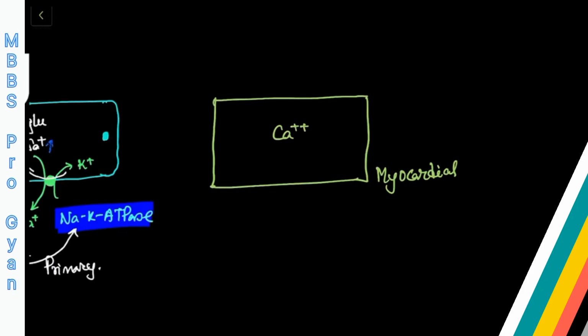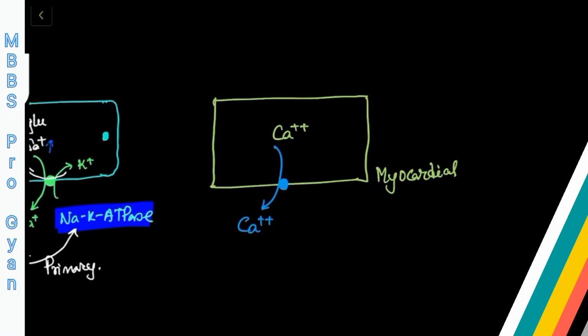After the contraction of the myocardium is over, my job is to throw this calcium out of the cell so that the myocardium will be relaxed. So I have to throw this calcium from inside to outside the cell.